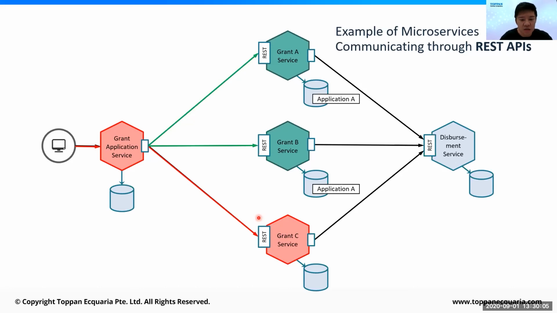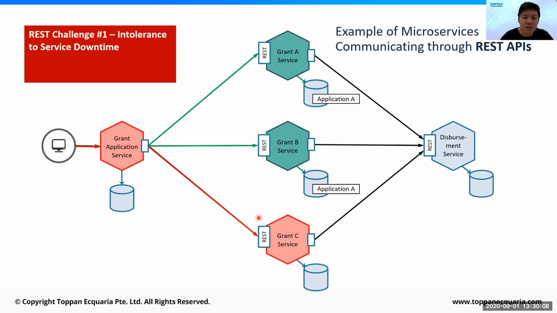From these scenarios, you can see that one of the challenges of microservices communicating through REST is that it's intolerant to service downtime. And failure in one service may potentially impact the overall operation and bring down the whole system, thus negating the benefits of microservices for being resilient.